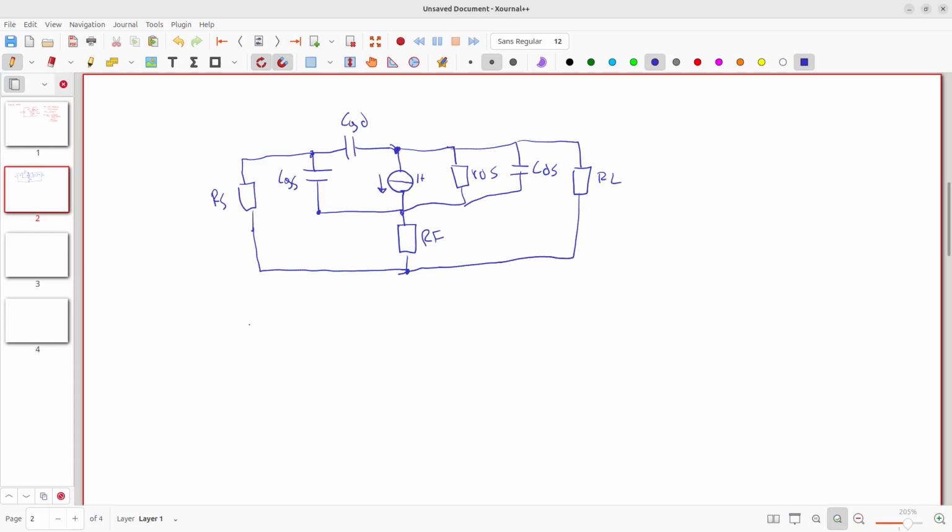So our model for CGS, for the input pole, we will have CGS, resistor RS here, resistor RF, and then RDS here, and then RL.